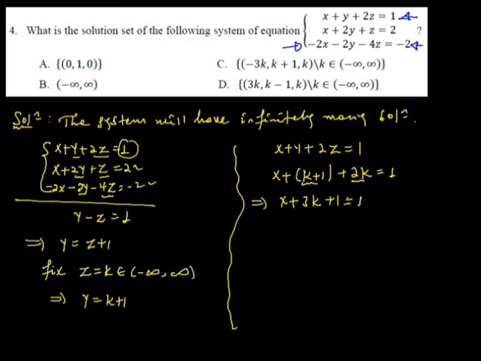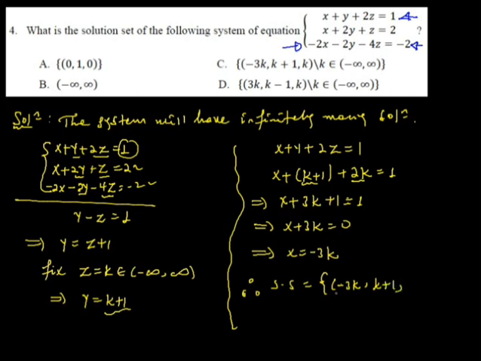So this becomes x plus 3k equals 0. Therefore, x becomes minus 3k. So the solution set for this system becomes the triplets x, y, z, where x is minus 3k, y is k plus 1, and z is fixed by k.